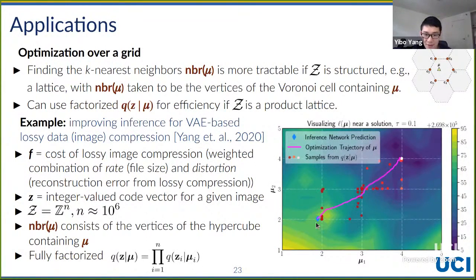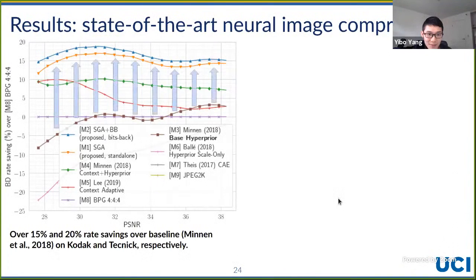What we're trying to do is to go from this blue diamond, which is some initialization that is not necessarily integer valued, to find an integer valued latent that minimizes the rate distortion loss. We're able to do this pretty well and improve the lossy image compression performance significantly. At least it was the new state of the art, at least at the time of our paper submission.